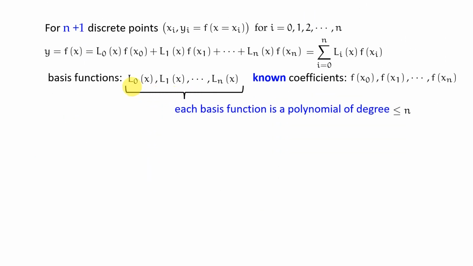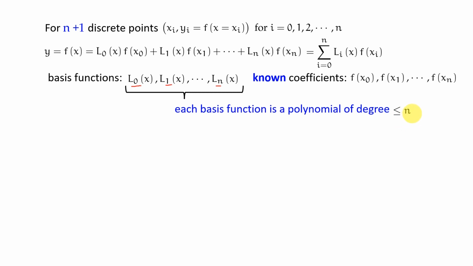Each of these basis function, if you look into it, they are essentially a polynomial. This is true even for the Newton's polynomial, or even before that, if I take 1, x, x square as the basis function, they are also polynomials. So each of these basis function is a polynomial, and their degree cannot be greater than n.